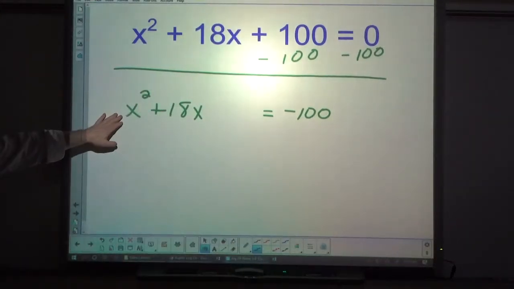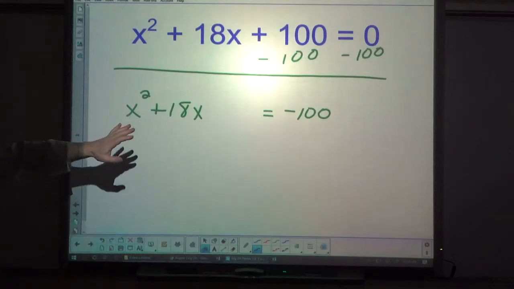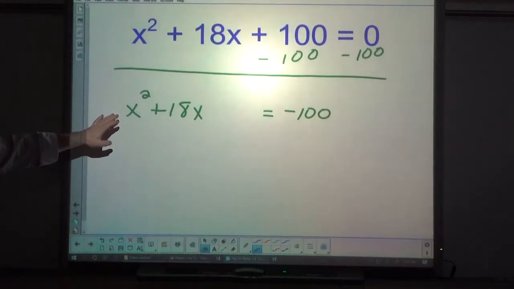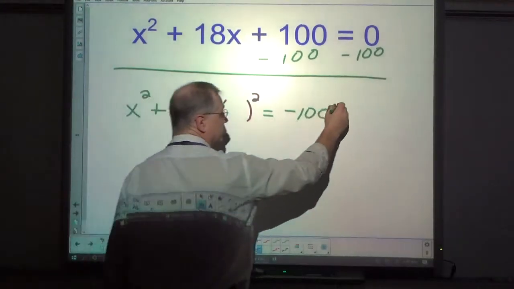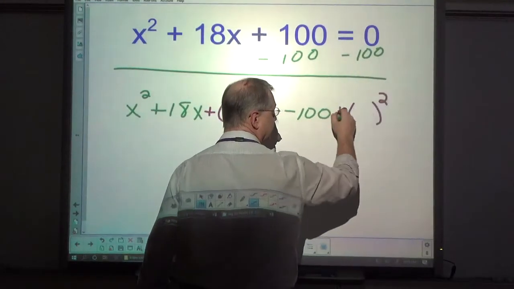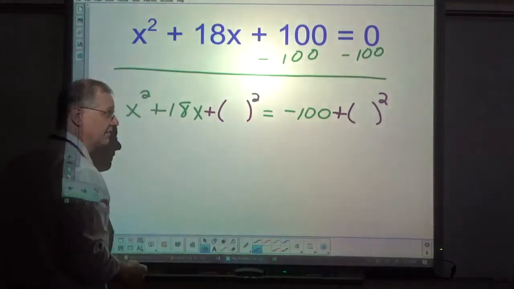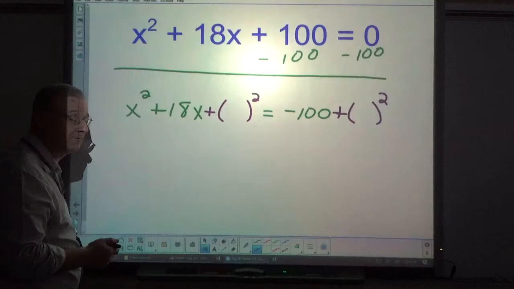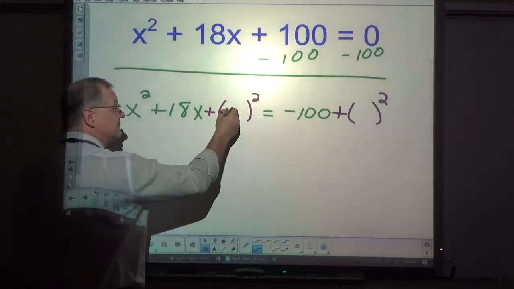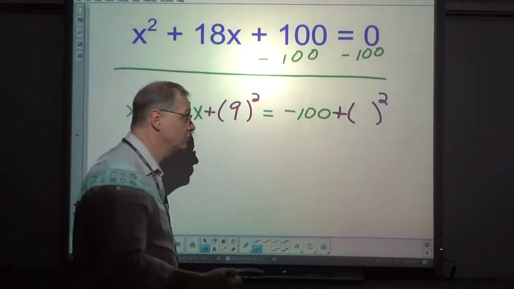I do not have a coefficient other than positive 1 in my x squared, so I am adding something squared here and here. And the thing that I'm adding squared is half of this coefficient. Well, half of 18 is 9, not 9 over 2, but 9.